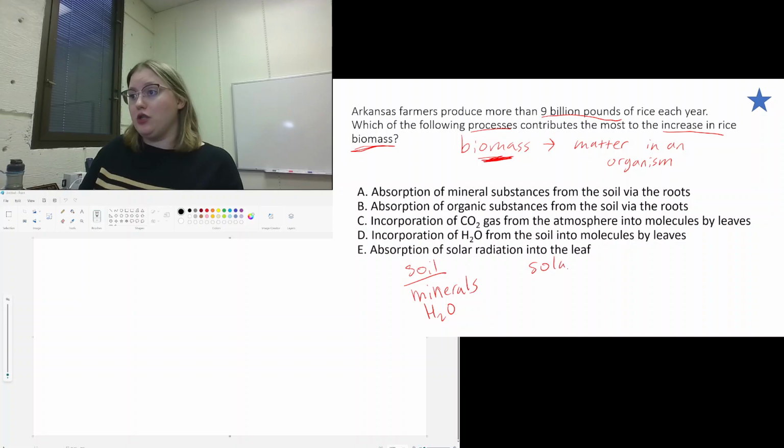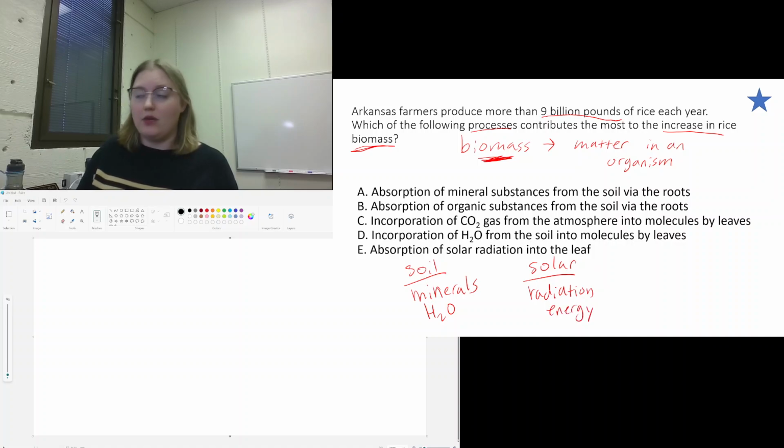Now, solar radiation, right? Solar radiation does not have biological matter. Solar radiation is a form of radiation, so this is radiation energy, right?